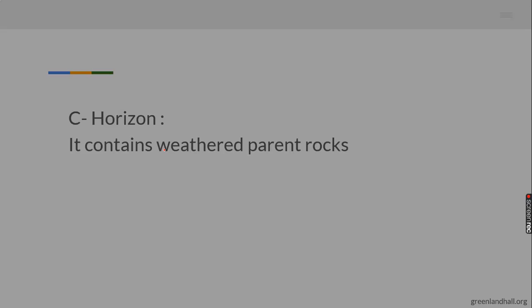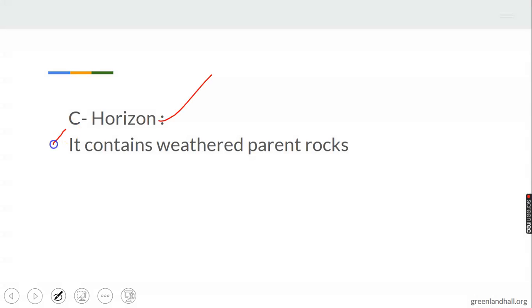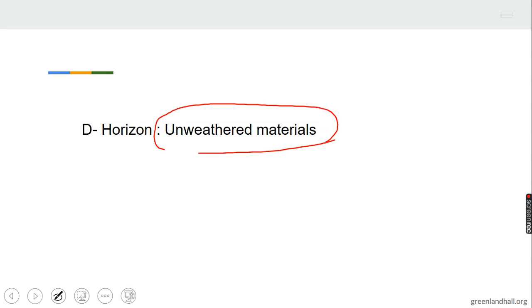In horizon C, the rocks have been disintegrated. They are weathered materials that have led to the formation of soil in the topsoil and the subsoil, which is horizon A and horizon B. Horizon C gives rise to horizon A and horizon B, while horizon D is where the rocks have not been disintegrated, unweathered parent rocks.